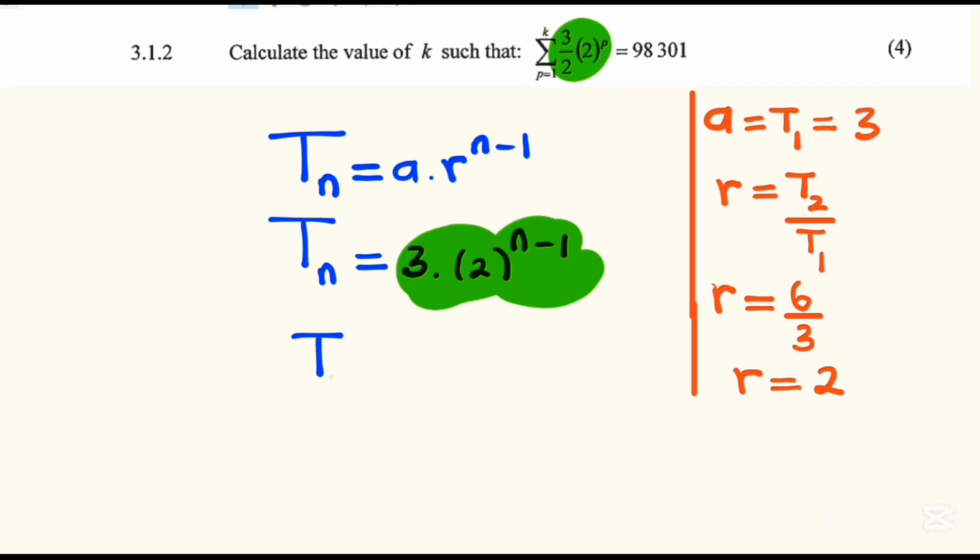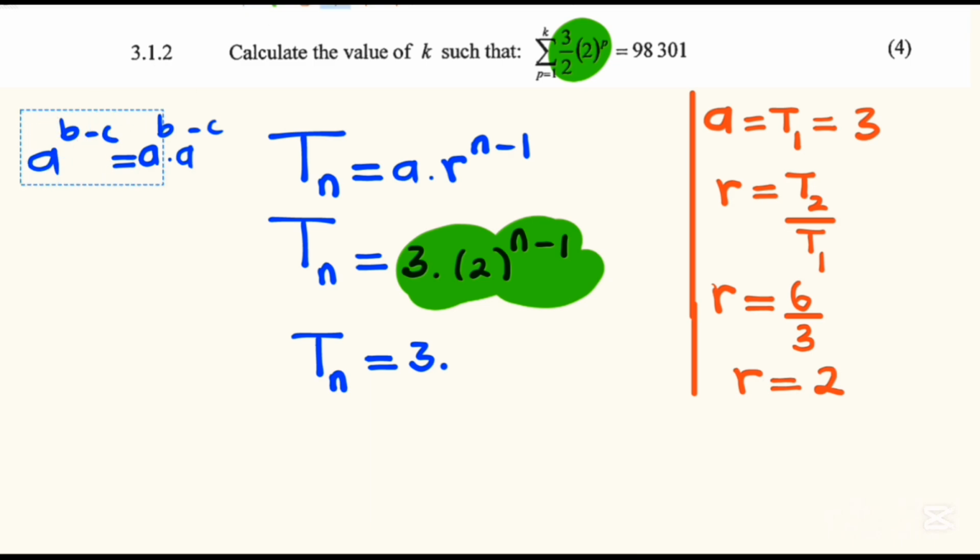So we have Tn is equals to 3 multiplied by, suppose that we had a raised to the power b minus c is equals to a raised to the power b multiplied by a raised to the power negative c.